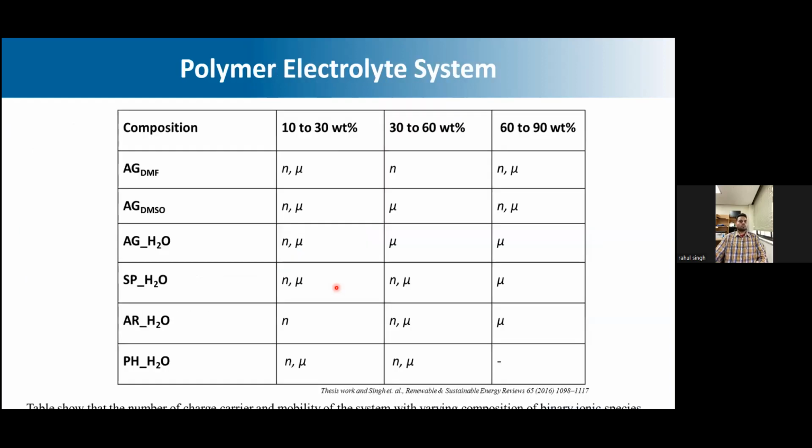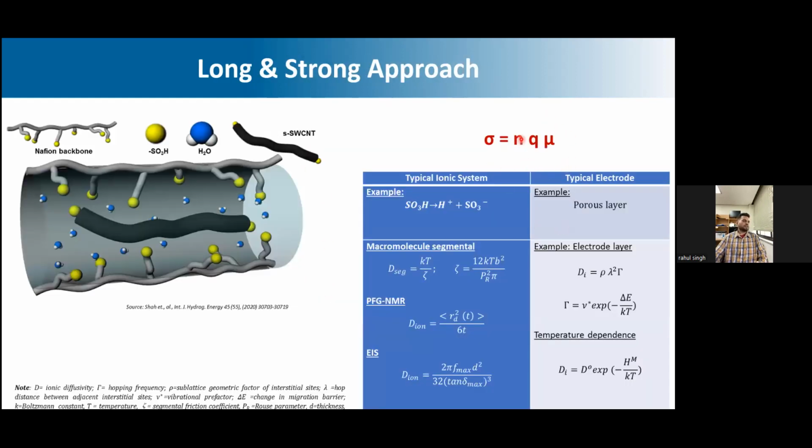So after getting this estimation, one can say till where we have to increase the concentration of ions and where we have to stop, and how much filler we have to put, or how much we have to strengthen the material using other organic or inorganic materials.